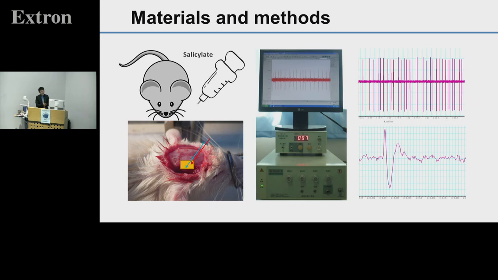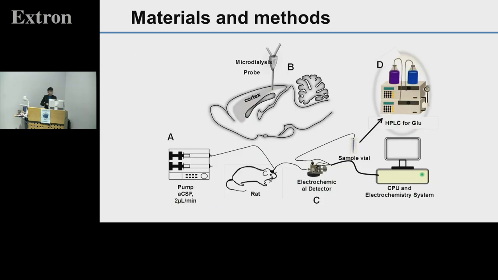We created the rat model of tinnitus by injecting salicylate into the abdomen, and we tested it using the startle reflex, which tells us that the rat is experiencing tinnitus. And we used an electrophysiological recording system, where you can see the spikes here, to know the neural activity. We also created another system.